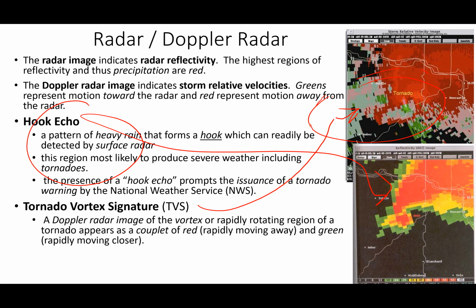So it's something different. This is the bow. I'm going to have to double check. It's different, but that bow echo is an indication of a squall line with thunderstorms coming through. So do we need to know it or not? That'd be extra credit. It kind of snuck on there.